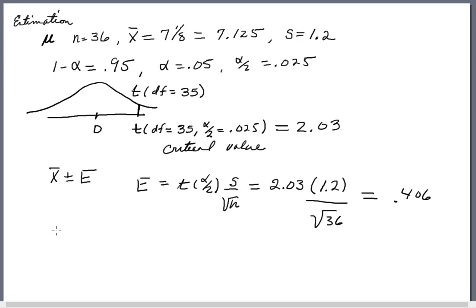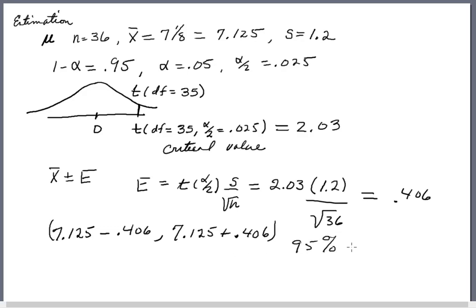Now, what is our confidence interval? Our confidence interval is going to be x bar, that would be 7.125 minus E, 0.406, to 7.125 plus E, or 0.406. So this is a 95% confidence interval estimate of mu.